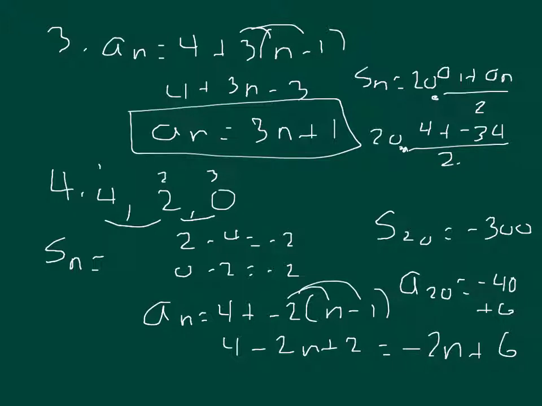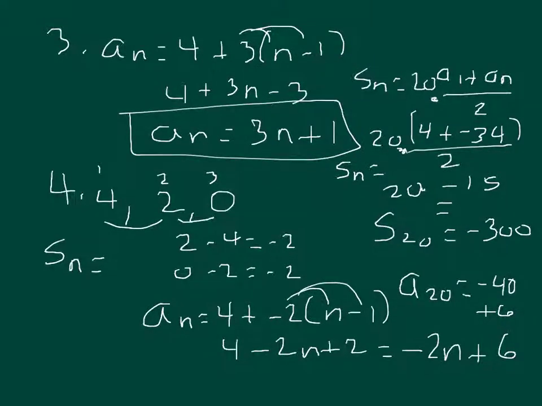That's how you find the sum of an arithmetic sequence. So 4 plus negative 34 is negative 30, divided by 2 is negative 15, and then times 20, and you still get that your answer is negative 300, like we had before.